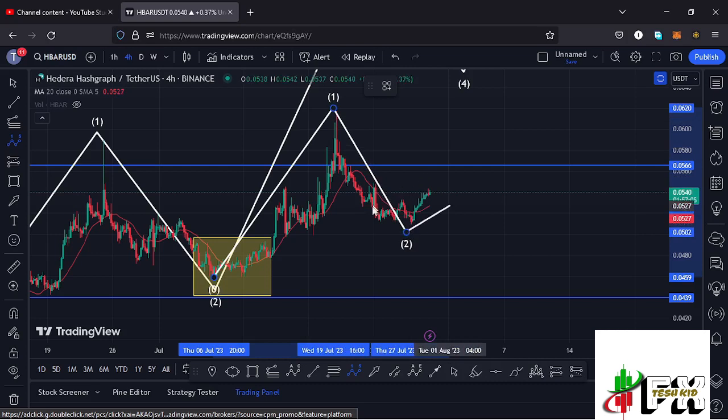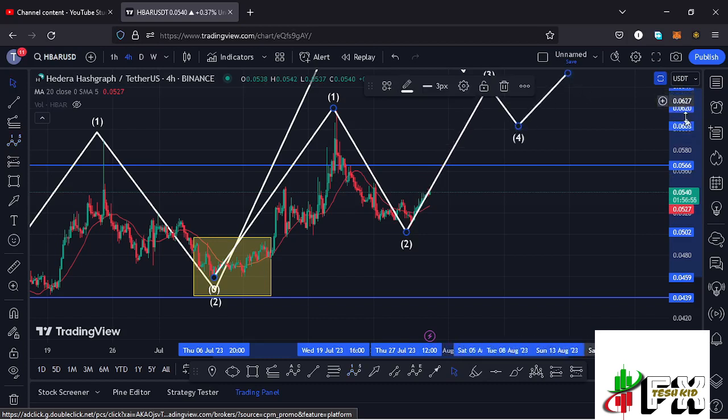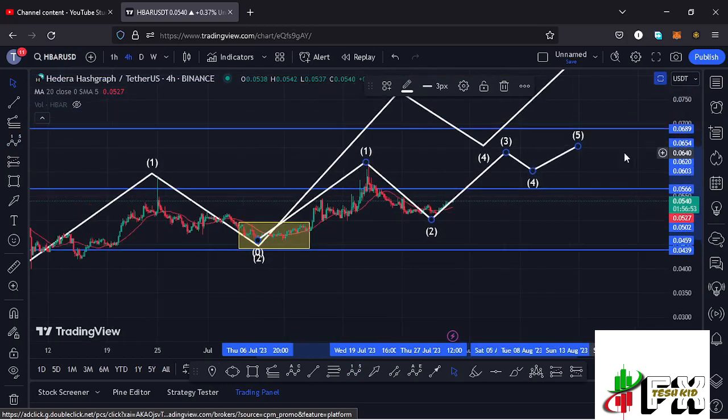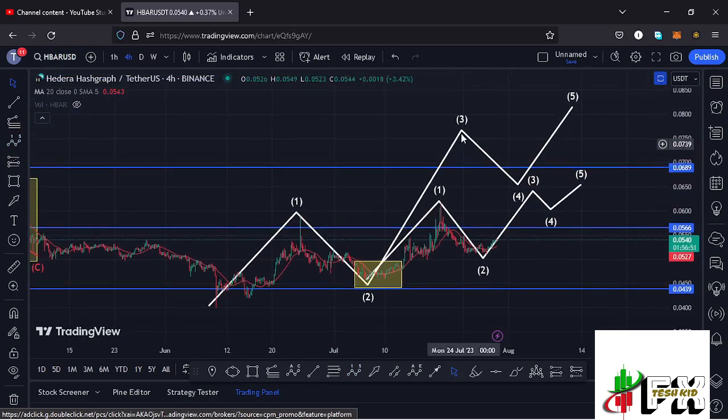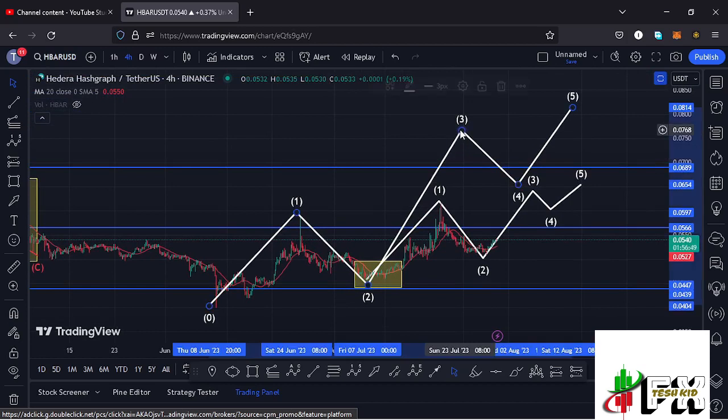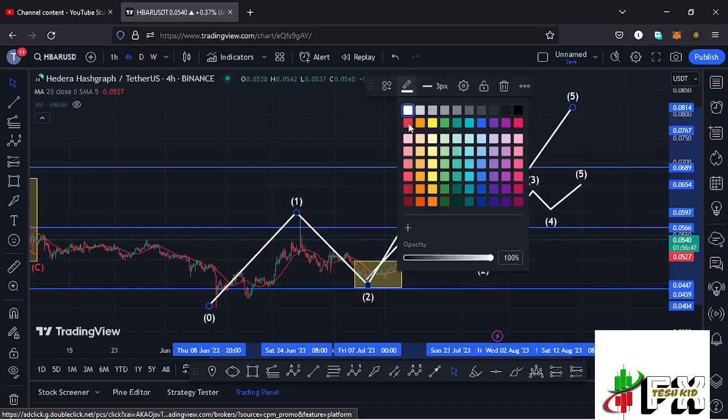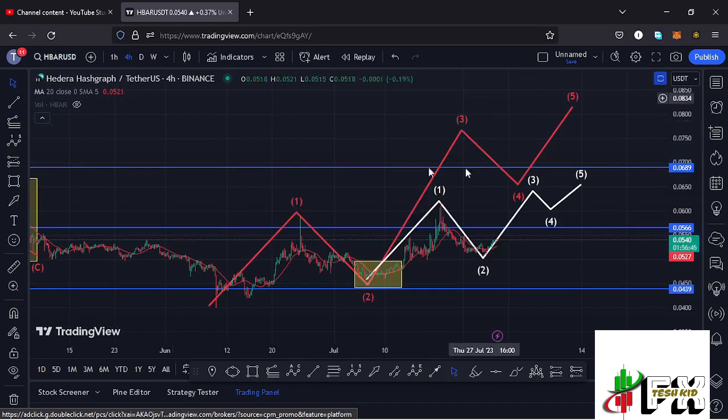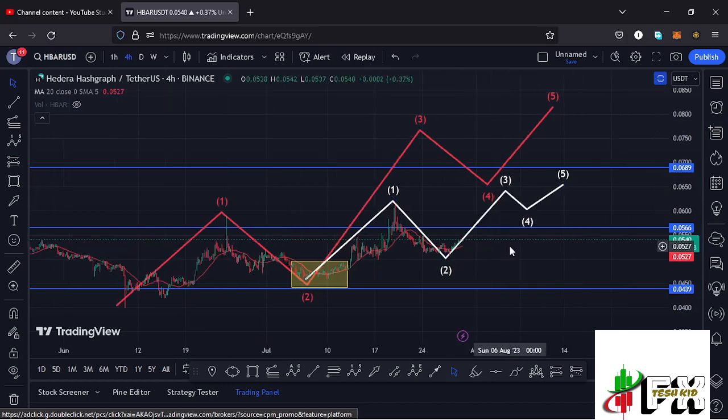And soon we are going to see a reaction of the target areas down here and start gearing up impulsively in the formation of a wave 3 before we can expect a wave 4, then a wave 5, fully maximizing our minimum target areas in the formation of this larger Elliott wave count here on the charts. And I can change the color of that larger Elliott wave count 3 to the upper side.